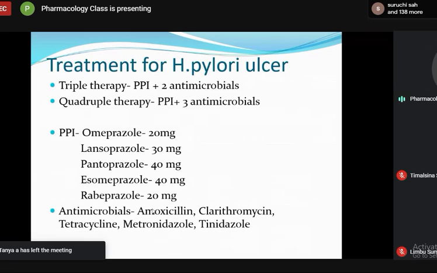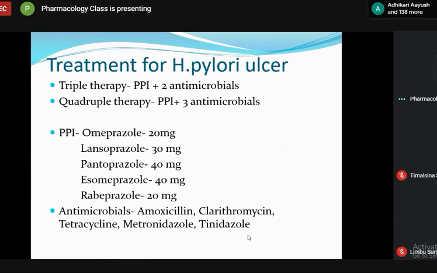For the treatment of H. pylori ulcer, there is triple therapy and quadruple therapy. In triple therapy, there is always one proton pump inhibitor and two antimicrobials. The antimicrobials for H. pylori are amoxicillin, clarithromycin, tetracycline, metronidazole, tinidazole, and even colloidal bismuth subsalicylate.